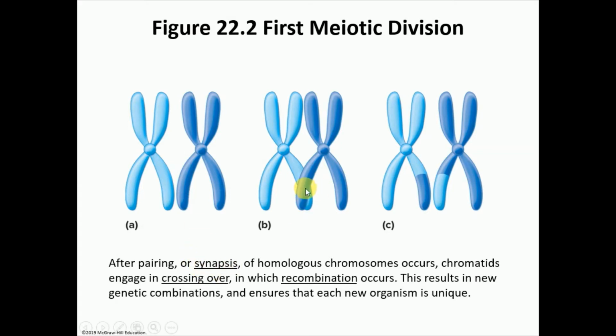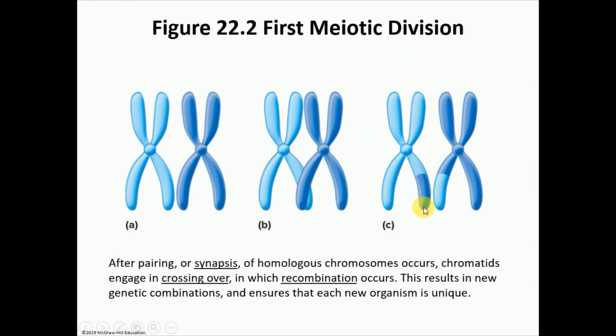And then you'll see that there's a crossover where these chromosomes are going to kind of hold hands, so to speak. And then you'll see now that there's an exchange of genetic material. So you'll see now this X chromosome has part light blue and part dark blue. This part dark blue came from the other chromosome.